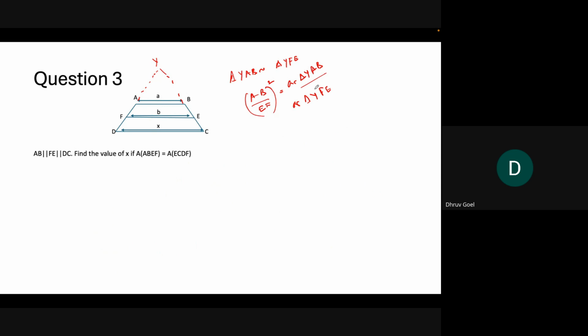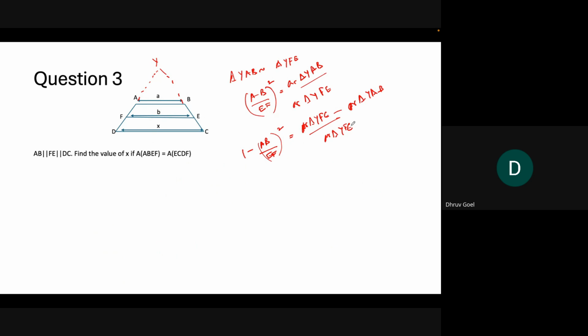Yes. And if I need to find out the area of ABEF only, what I can do is simply 1 minus AB by EF whole square, which gives me the area of YFE minus the area of triangle YAB upon the area of triangle YFE.